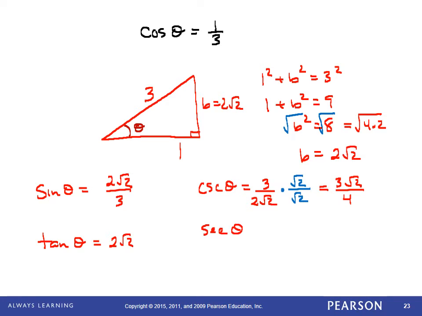Secant is going to be the easiest one. Remember, it's the reciprocal of cosine, so really there's no work to do at all. What we do is we just take the reciprocal of 1/3, which is 3, and done.